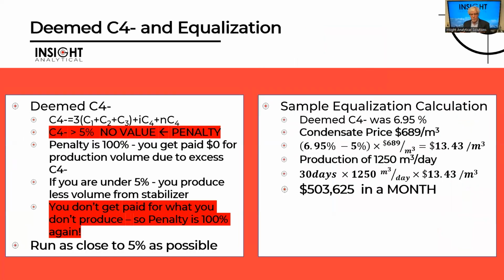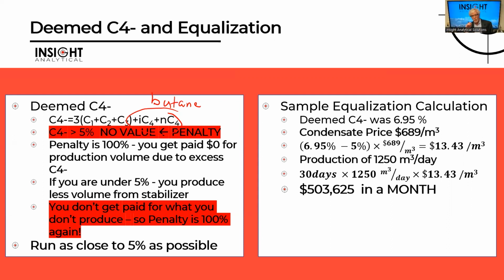So when we talk about deemed C4 minus, the way the specification has been written is we take the 2 isomers of butane, so IC4 and NC4 are the butane. We take how much butane is in the condensate and add 3 times the sum of the methane, ethane, and propane.